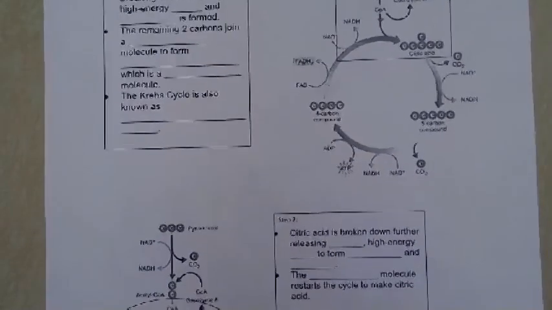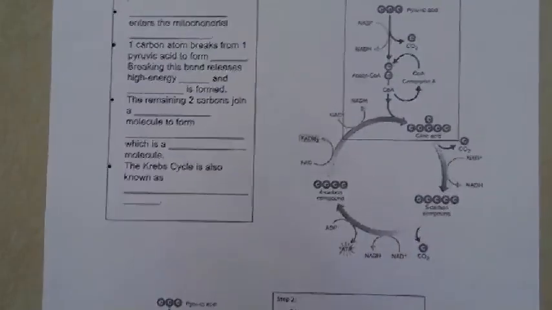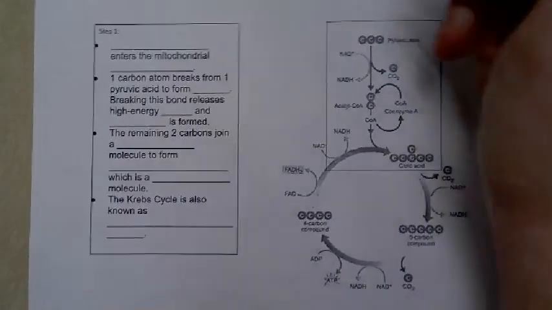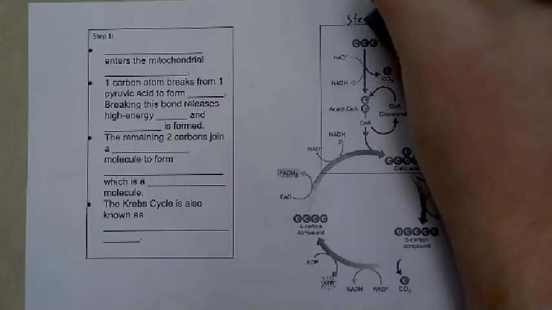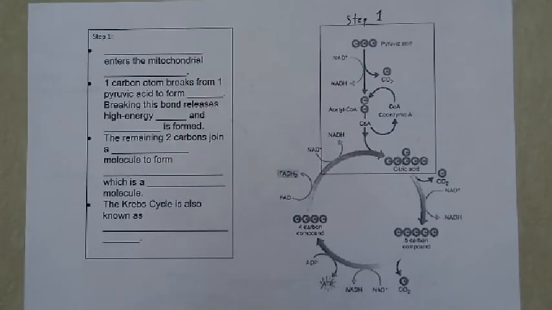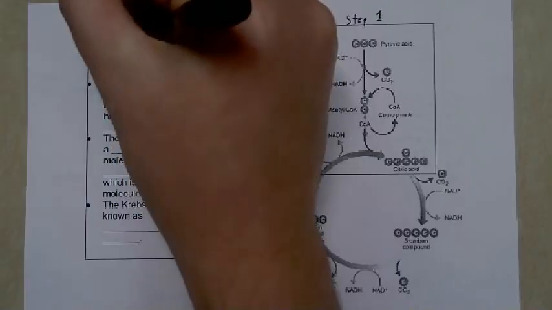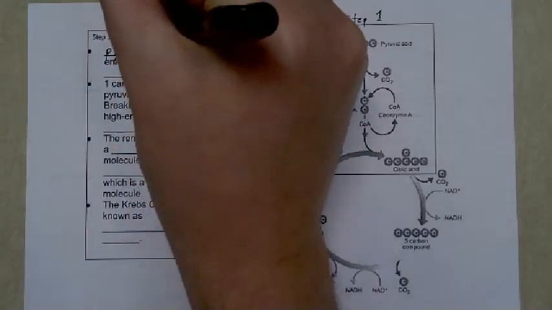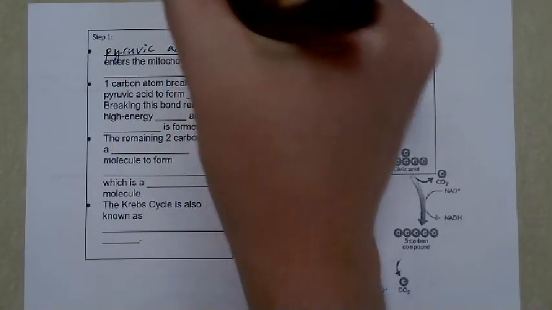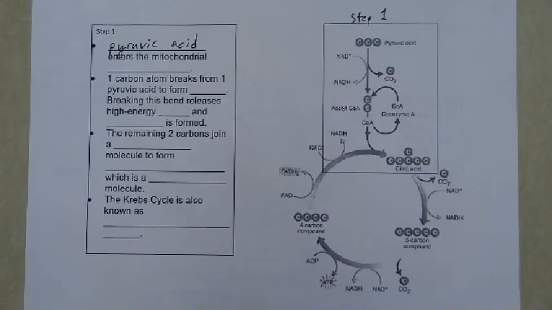So that's what we're going to look at here now on the backside, is the actual Krebs cycle. So we start off here in step 1. I'm going to label this box as all of our step 1 stuff happening here. In step 1, we start with pyruvic acid. There's 2 of them. We split a glucose into 2 pyruvic acids.